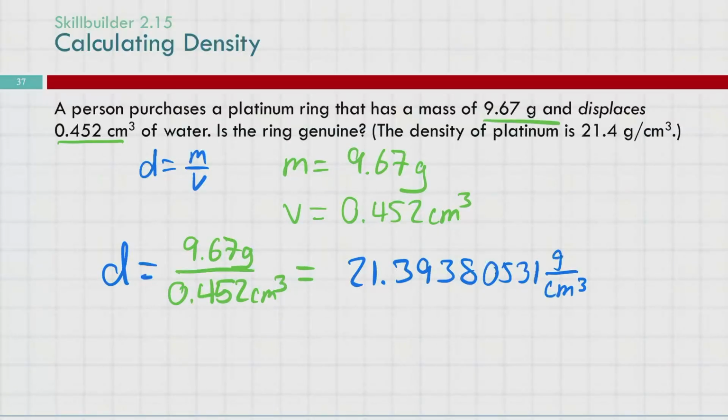Then we think, sig figs. Or, yay, sig figs. We look at our numbers that we put in. There are 3 sig figs each. This leading 0 doesn't count. So we round for 3 significant figures. 21.4 grams per cubic centimeter.